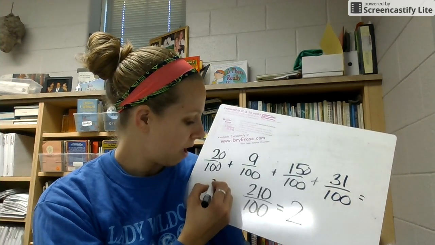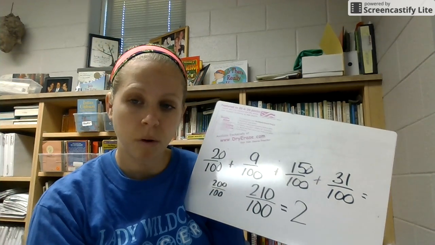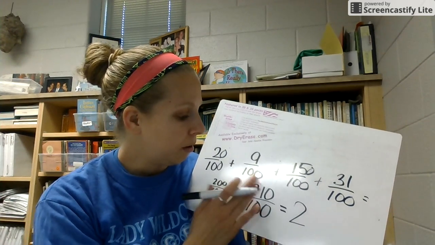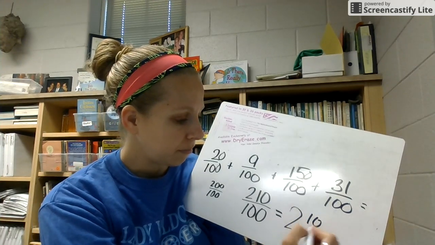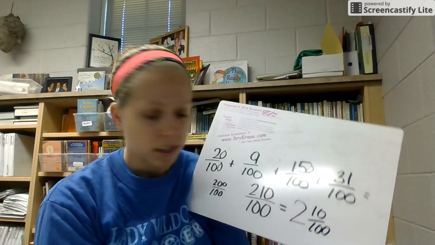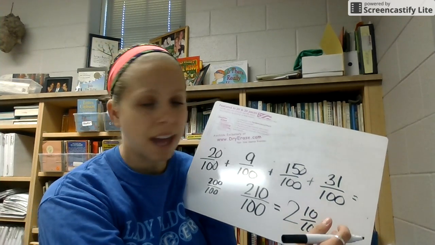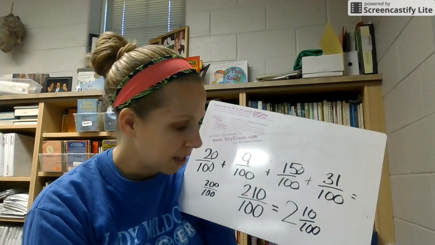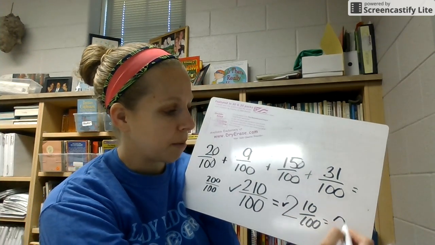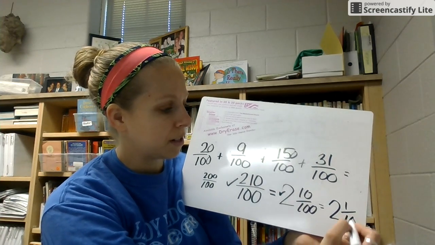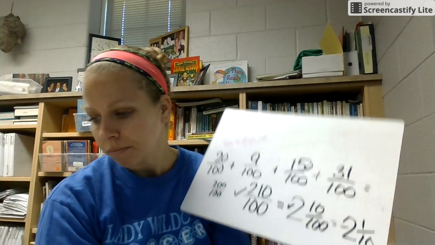So if I have 200 hundredths, I have 2 whole numbers in there. What I have left over is this 10 hundredths. So my answer would be 2 and 10 hundredths. I can even reduce that a little bit more and say 2 and 1/10, but I would be happy with either one of these. All 3 of those are correct answers.